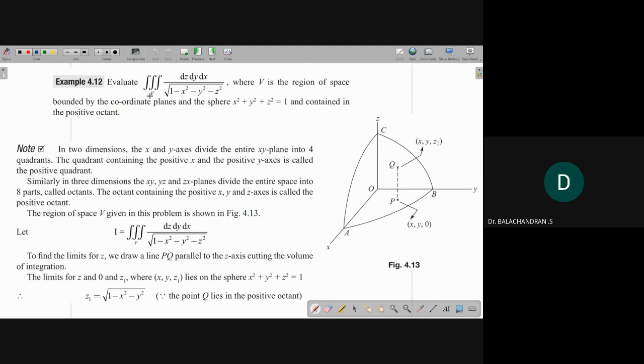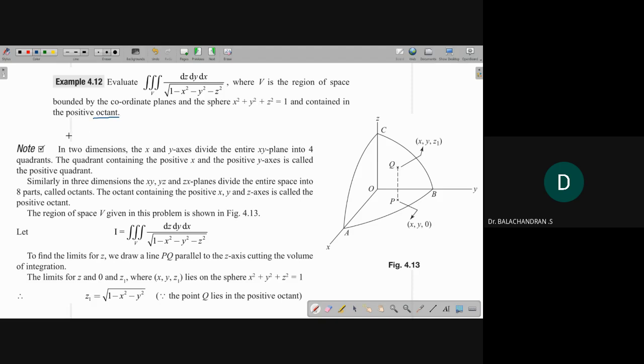Evaluate the triple integral over V of dz dy dx divided by root of 1 minus x square minus y square minus z square, where capital V is the region of space bounded by coordinate planes, and the sphere x square plus y square plus z square equal to 1, and contained in the positive octant.